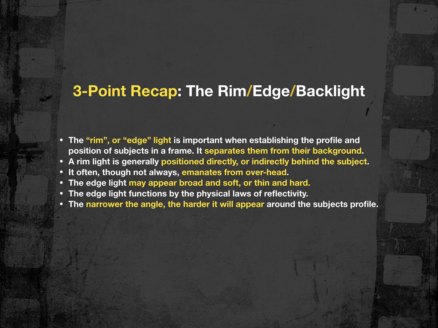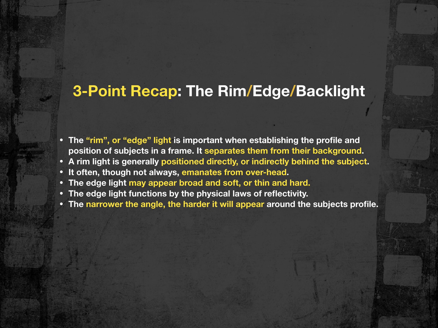It emanates more often than not from overhead. It may appear broader or softer, thinner or harder, depending on the angle to the lens. Broader angles to the lens will have a wider, softer effect than angles coming from directly behind the subject in a real steep angle, where you get the maximum amount of reflectivity into the lens, and therefore it looks brighter and harder as a result.